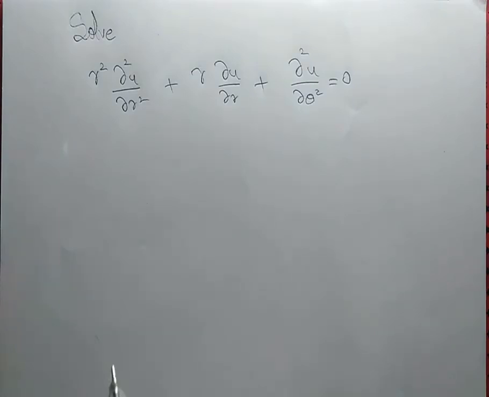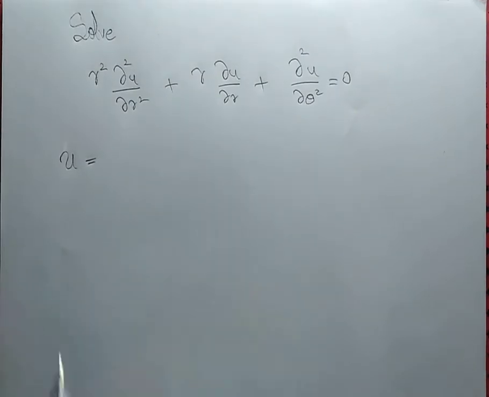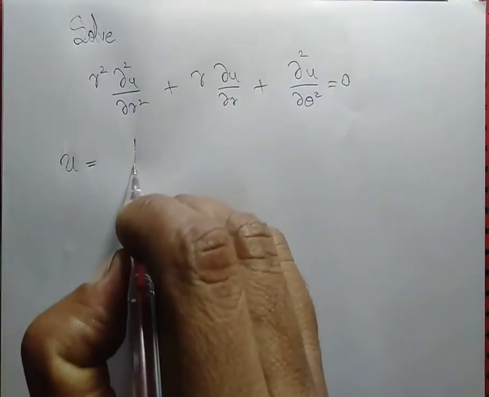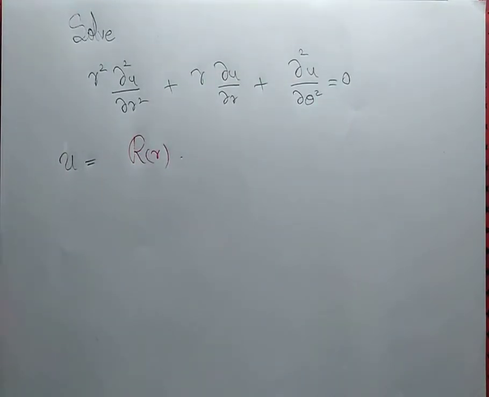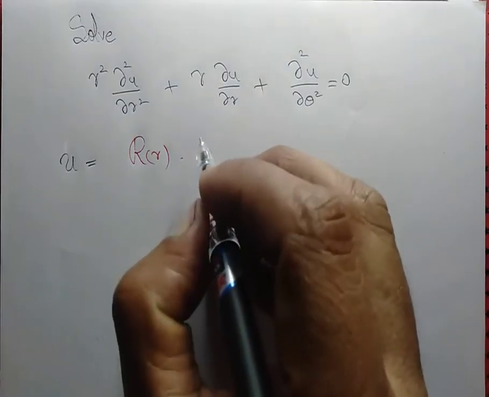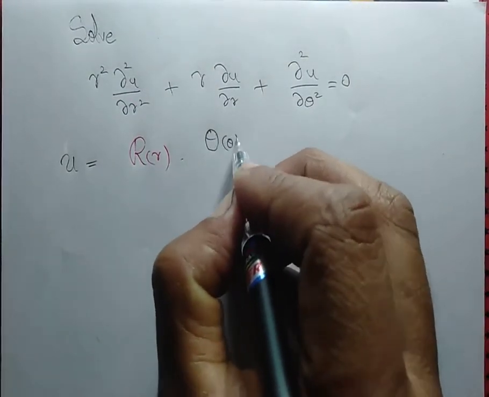Now you see, the usual method of solving this kind of equation is you write u as a function of r and then product it with another function that is a function of theta.